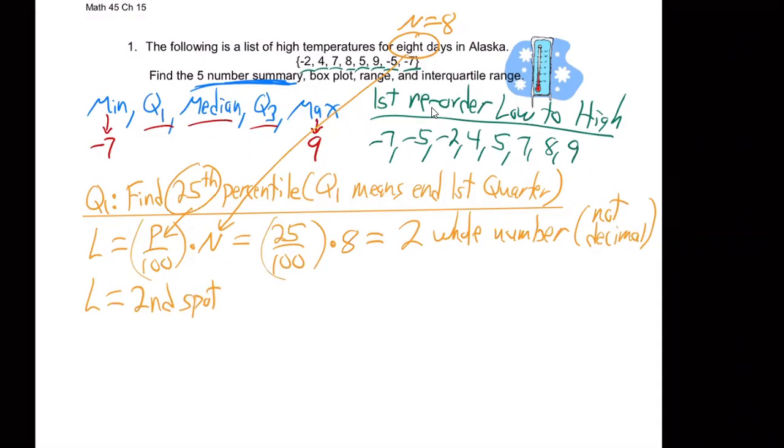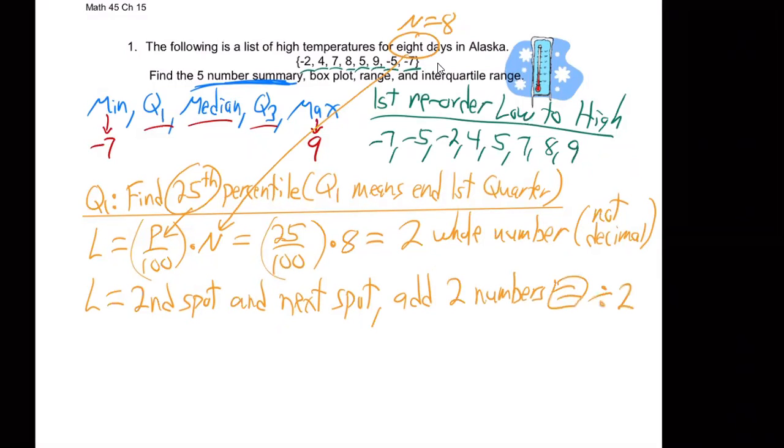It means go to the second spot and the next spot, add the two numbers, hit equals, and divide by 2, right?